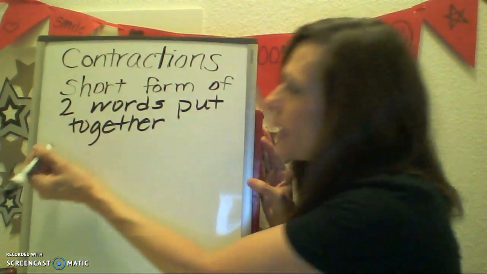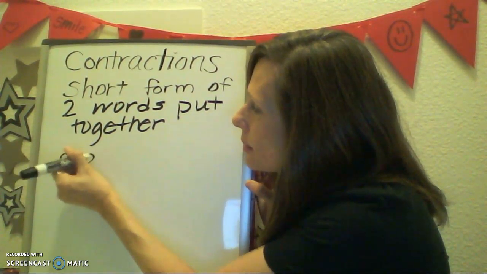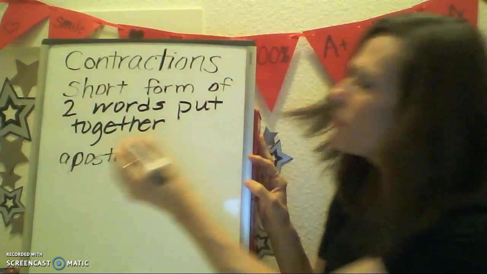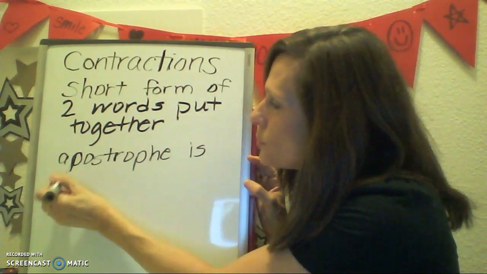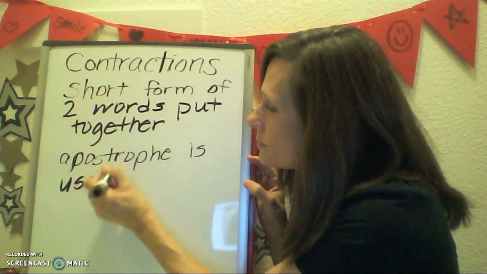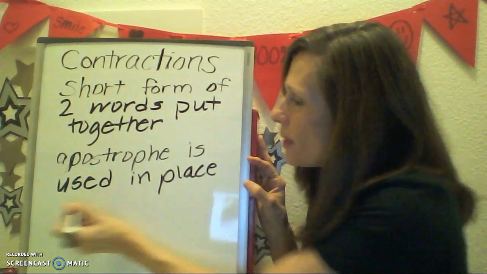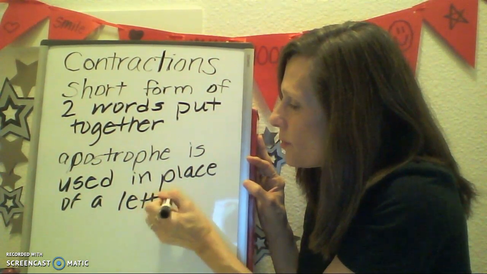So here we go, an apostrophe, let me make sure I spell that correctly. An apostrophe is used in place of a letter, okay?